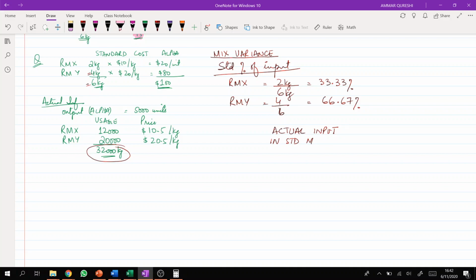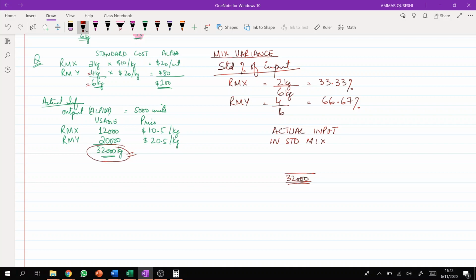Now, what do you mean by this? We actually made an input of 32,000 kilograms. We need to check that out of 32,000 kilograms, how many kilograms should be material X and how many kilograms should be material Y according to the standard recipe.